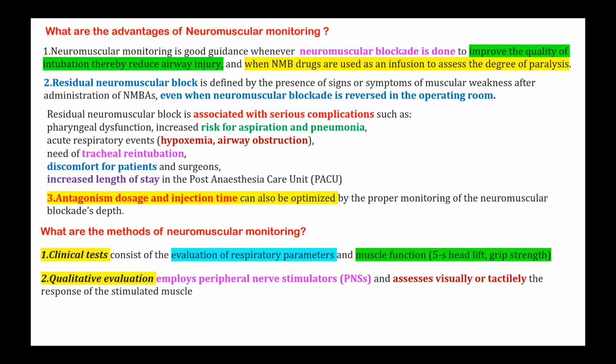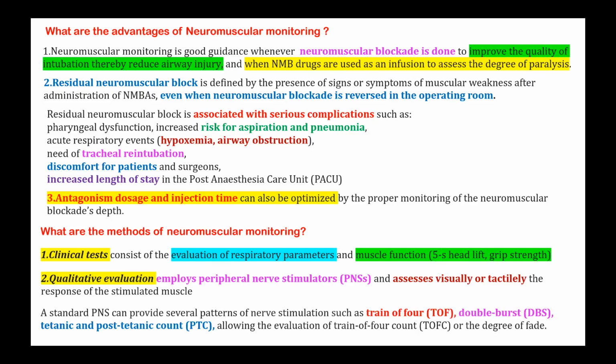In qualitative, we employ peripheral nerve stimulation, where the response is visually or tactilely assessed in the stimulated muscle. And for that, we can use a standard peripheral nerve stimulator. All the descriptions of what nerves you can stimulate and what muscles will respond to that are good for gaining knowledge, but not required for answering in the examination.